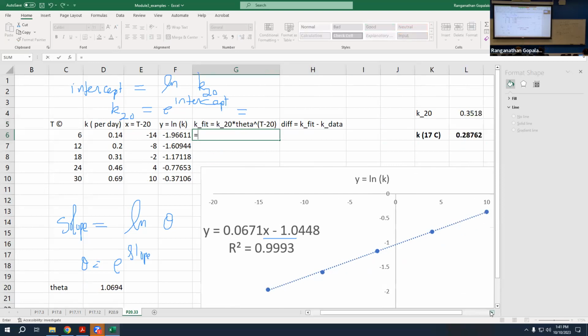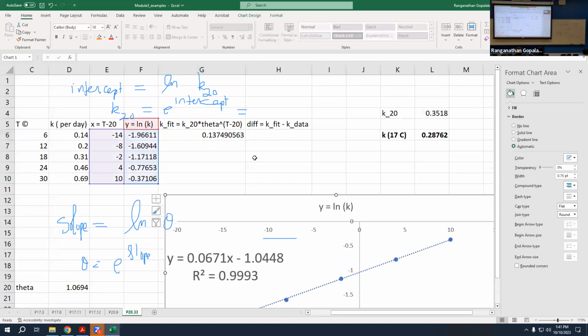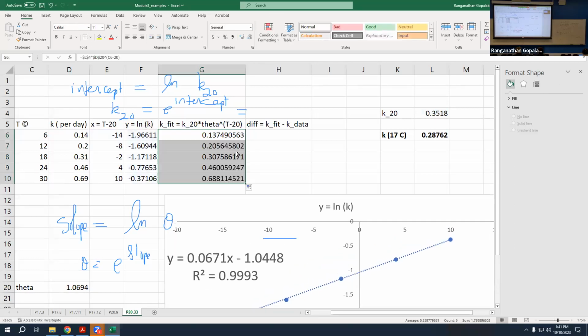What is K20? It's right here, times theta, which is right here, raised to the power T minus 20. So here is your fit value, which is 0.1374, pretty close to 0.14. 0.205, pretty close to 0.2. So the fit is pretty good.